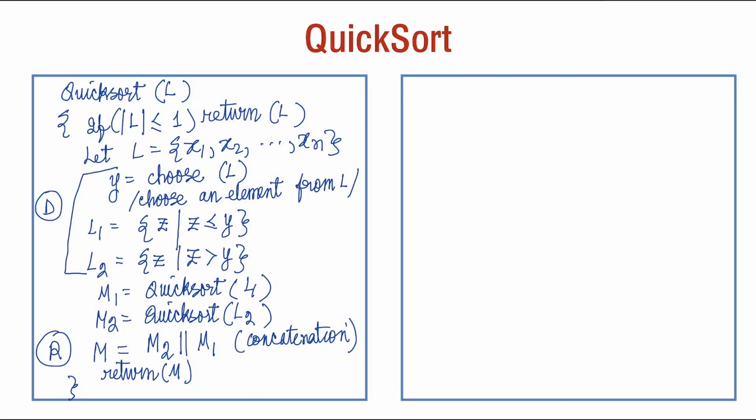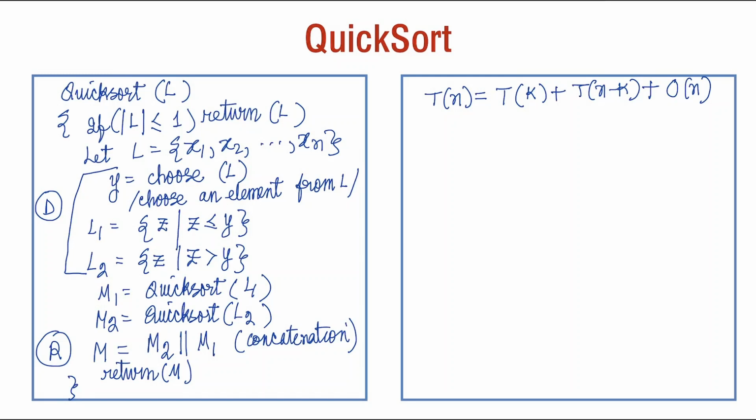So here we see that our complexity again becomes T(n) is equal to T(k) plus T(n minus k) plus the cost of choosing an element and breaking it up into these two sets, which requires order n complexity. So the decomposition complexity is order n, but the recomposition complexity is 1. So this is our algorithm.